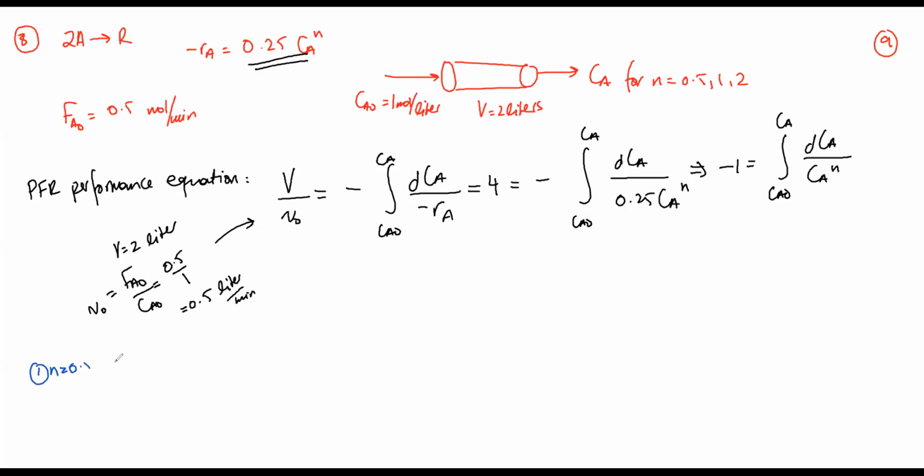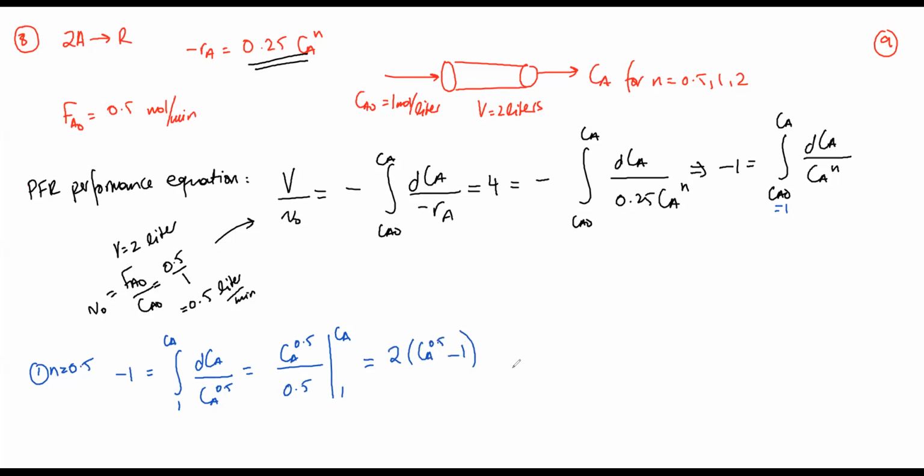N equals 0.5, so I have -1 is equal to integral, and again, just remember CA naught is 1, it's given. Integral from 1 to CA of dCA over CA to the 0.5. You know, integral of 1 over CA to the 0.5 will be what? CA to the 0.5 divided by 0.5, right? From 1 to CA, and this basically equals 2, moving the 0.5 to the top, we get 2 CA to the 0.5 minus 2, and this is equal to -1.